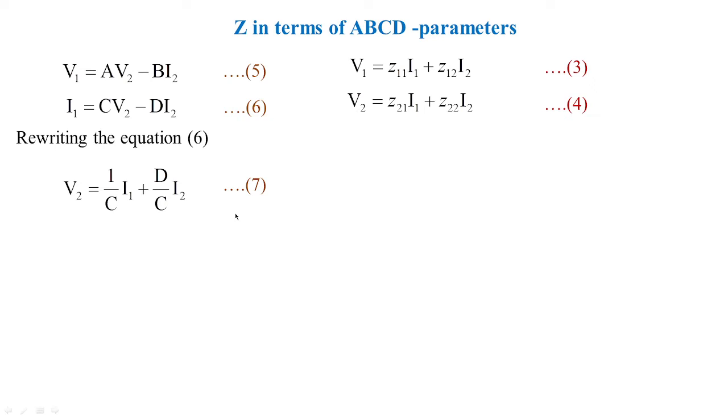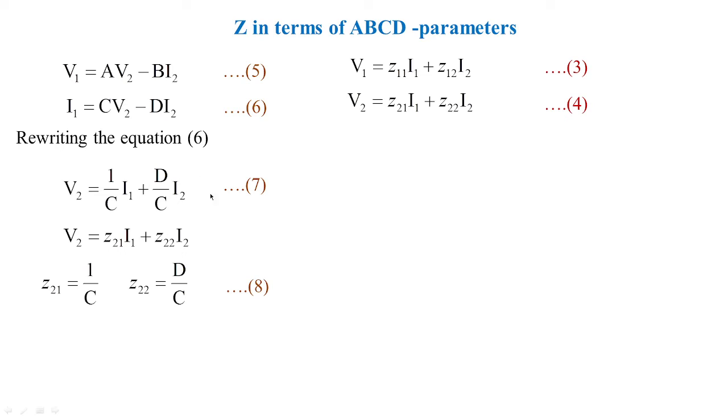So equation 6 is made equal into equation 7 and compared with equation 4. Equation 4 is given by V2 is equal to Z21 I1 plus Z22 I2. With this similarity, I'm going to get the value of Z21 is equal to 1 by C and Z22 is equal to D by C, and I'm treating this equation as 8.